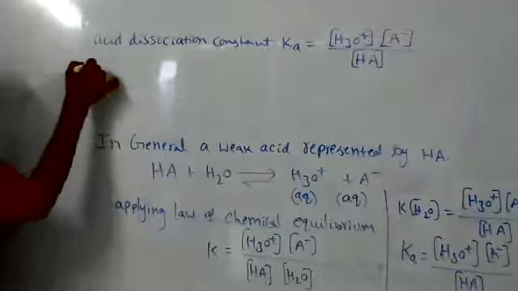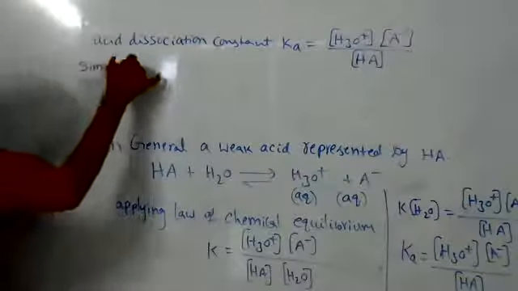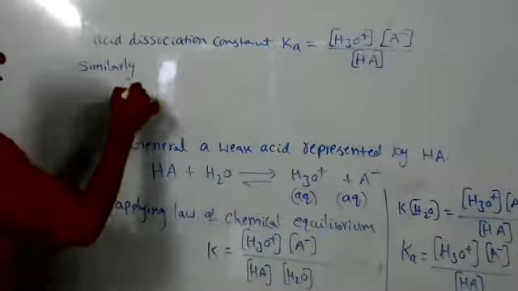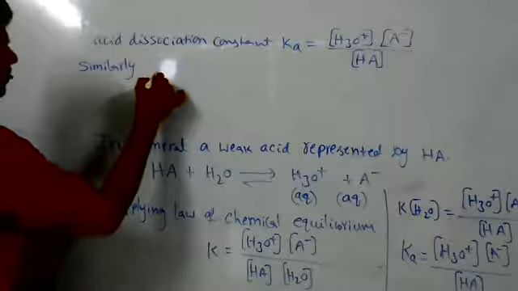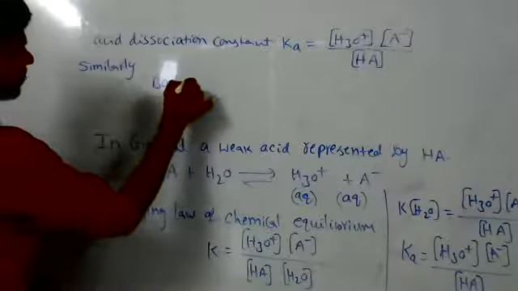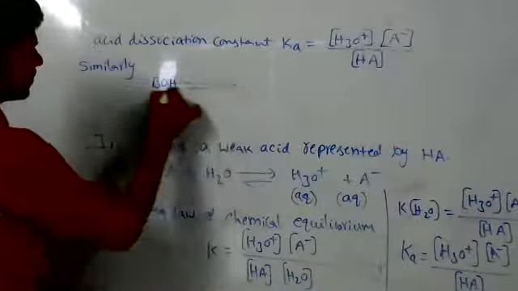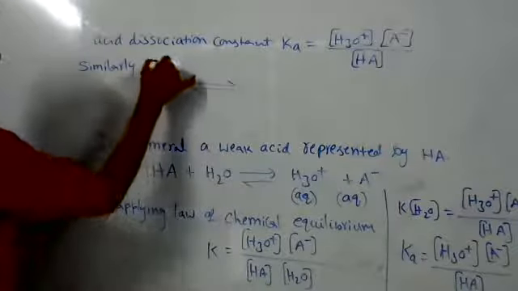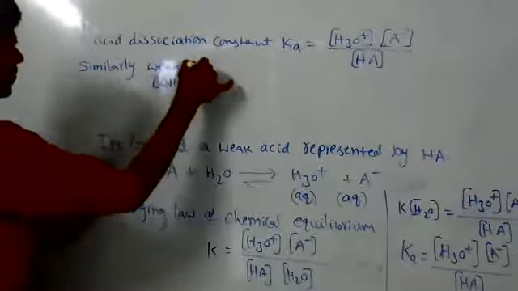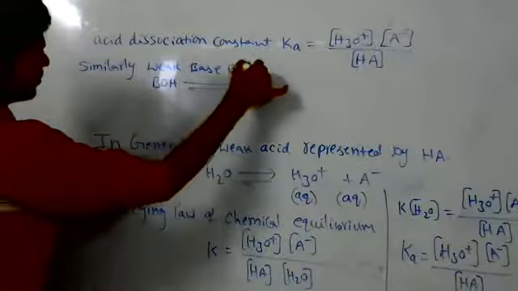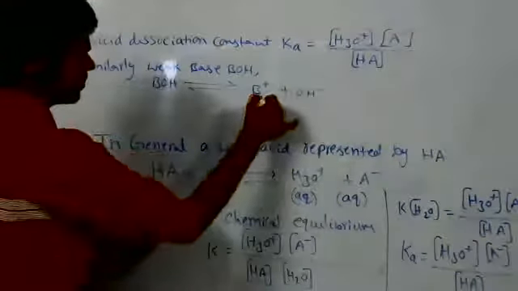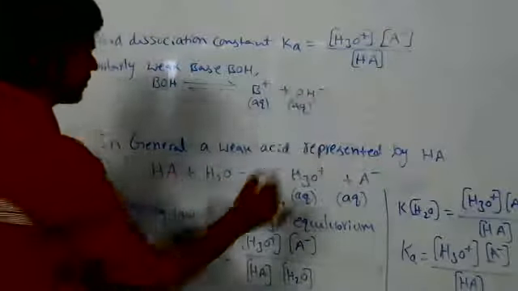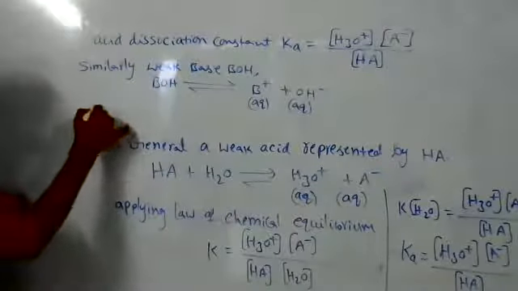Similarly, for the base dissociation constant, I am writing the first equation: BOH, it's a weak base, gives B plus and OH minus.